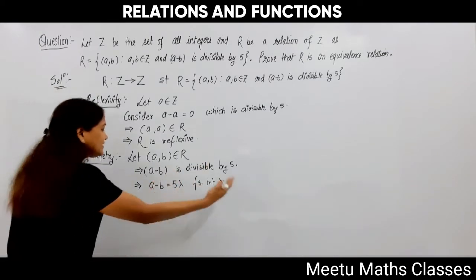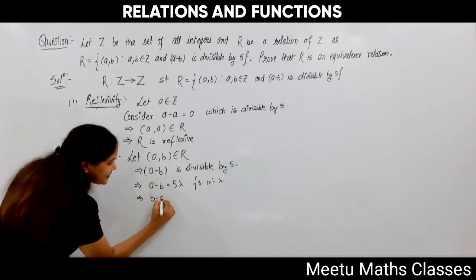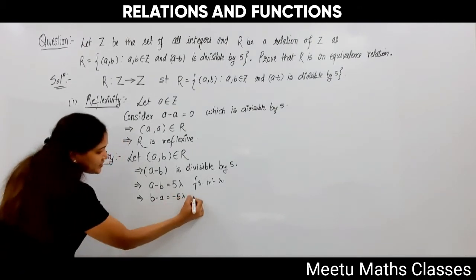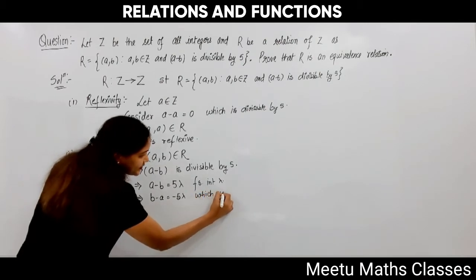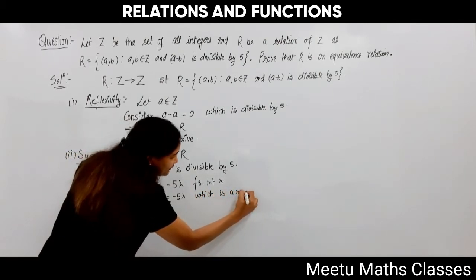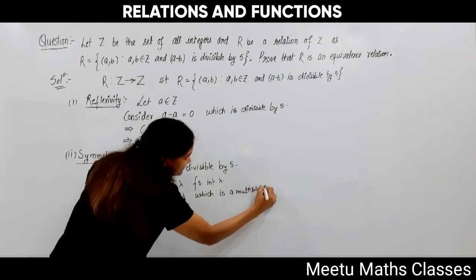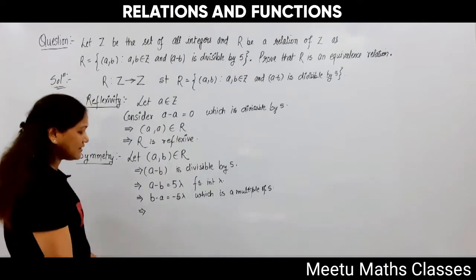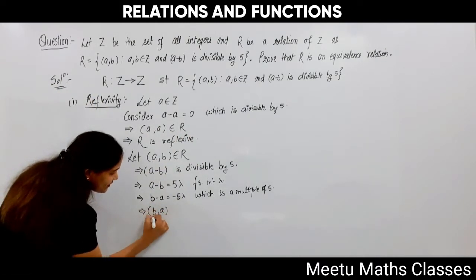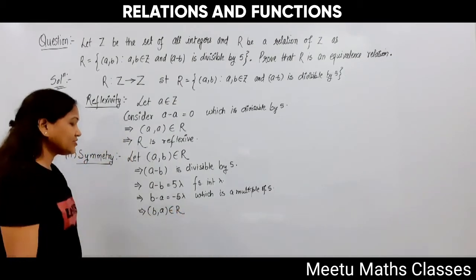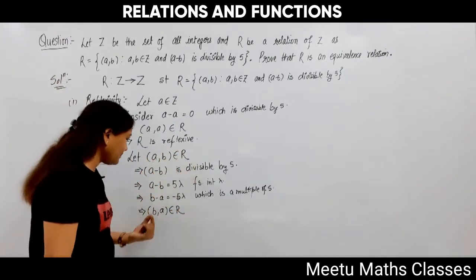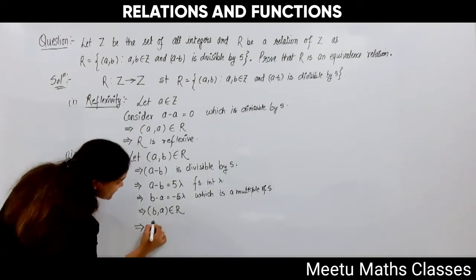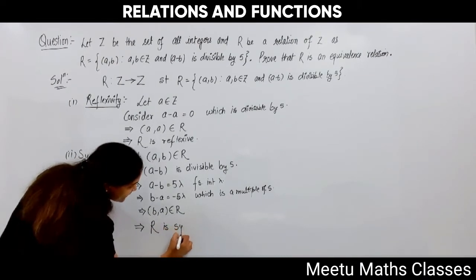Now if a minus b is 5 lambda, then b minus a is minus 5 lambda, which is a multiple of 5. That implies b minus a is also divisible by 5. So (b, a) also belongs to relation R. If a is related to b, that implies b is also related to a. That implies that R is symmetric.